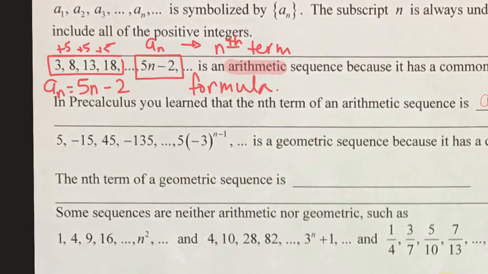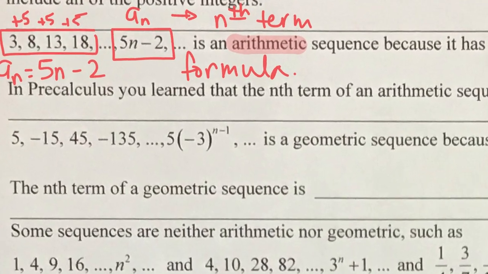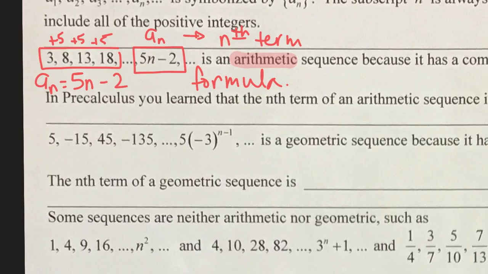Okay, and then we have something called geometric. A geometric sequence is one that has a common multiplier. So notice that each one of these terms, it's 5 times negative 3. Negative 15 times negative 3. 45 times negative 3. Okay, we are multiplying by negative 3.